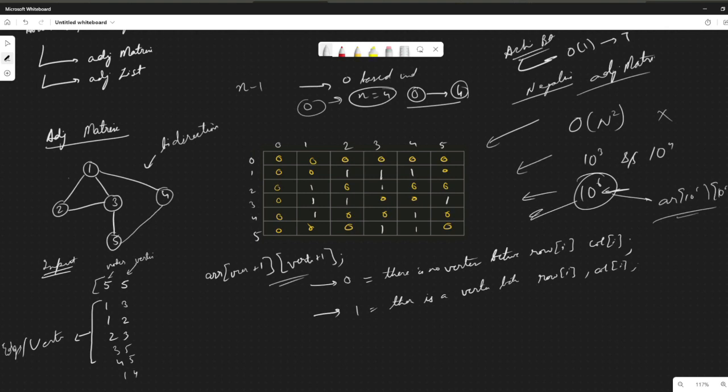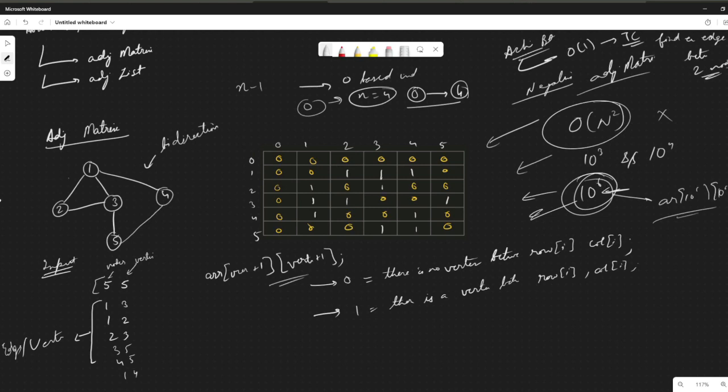So this is our time complexity of finding an edge between two nodes. This is the negative and this is the positive about the adjacency matrix. So how can we tackle big O of n square and the 10 raised to power 6 input constant?